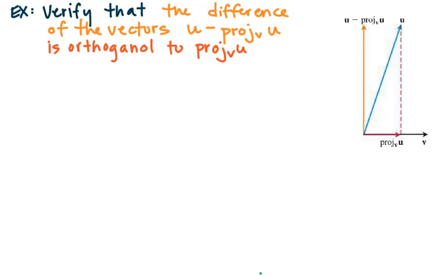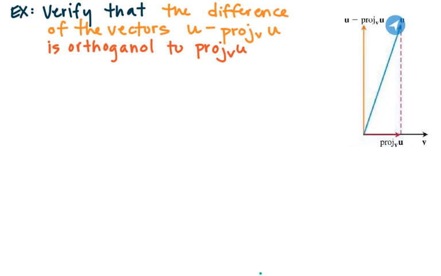Welcome back. In this video, we're going to verify that the difference of these vectors, u minus the projection of u onto v, is orthogonal or perpendicular to the projection of u onto v.